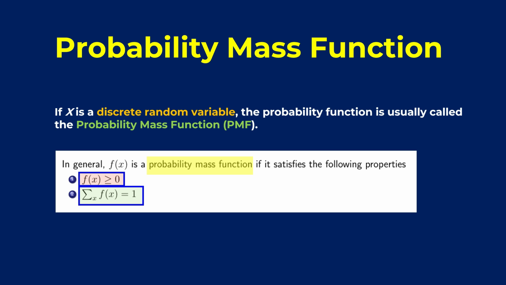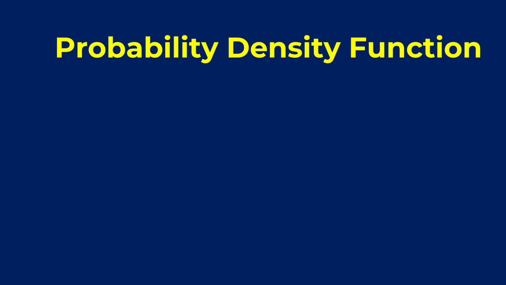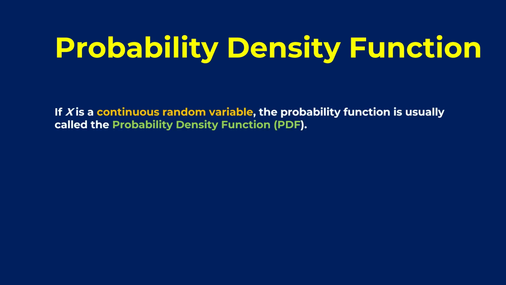Now let's look at what probability density function is. If the random variable, which we denoted here as x, is a continuous random variable, then the probability function is called the probability density function or PDF. So the type of random variable defines whether we are dealing with a probability density function or a probability mass function.